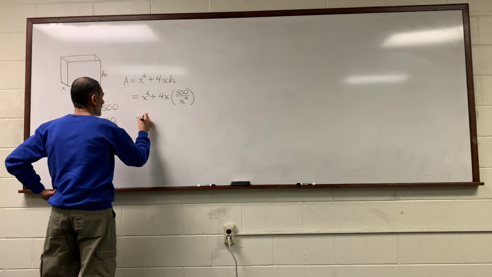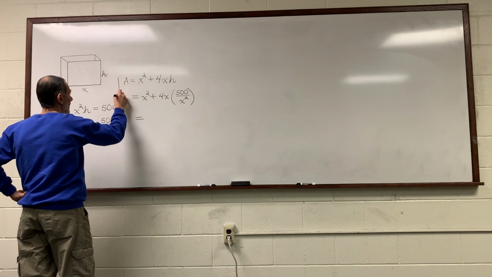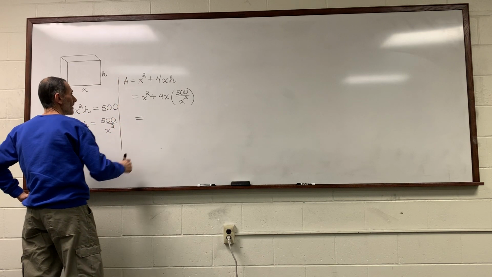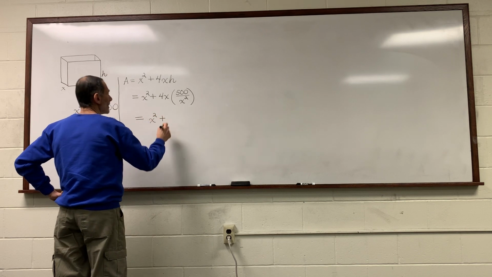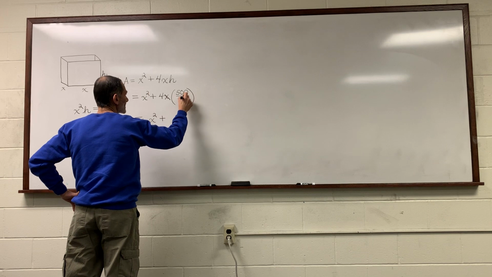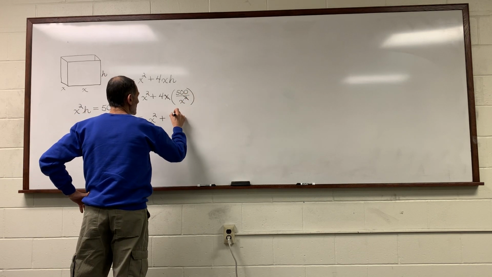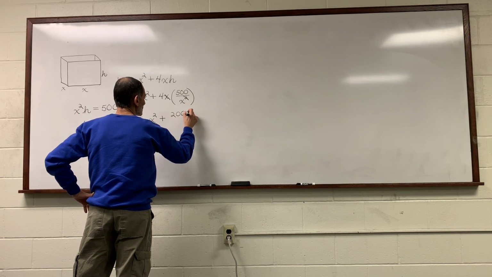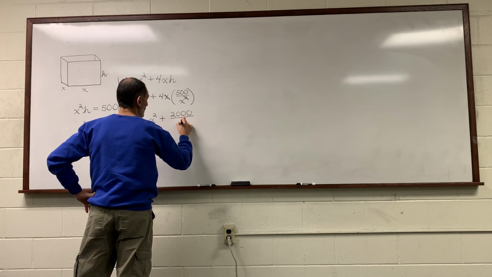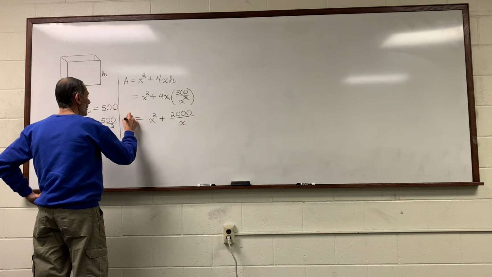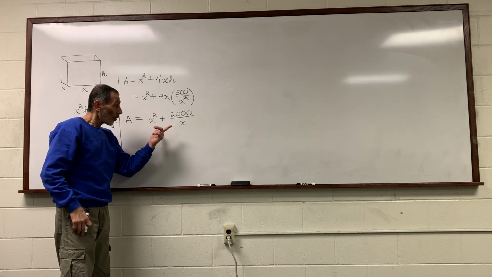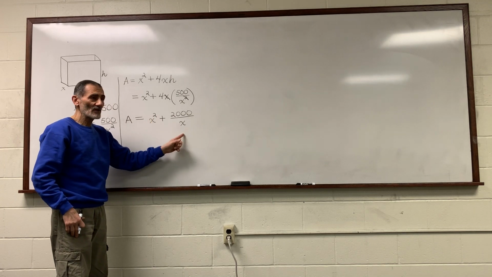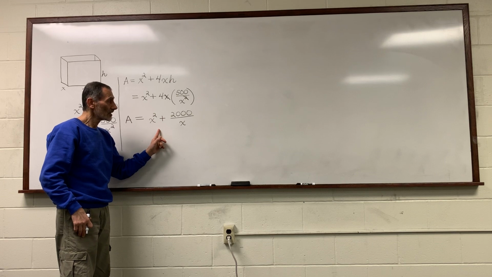Simplifying that yields x squared plus, well, this x will cancel with one of those x's, yielding 2,000 over x. Now we have our objective function in terms of simply one independent variable, x.